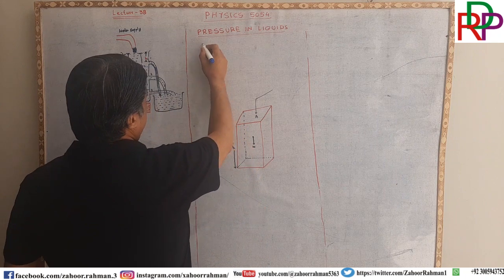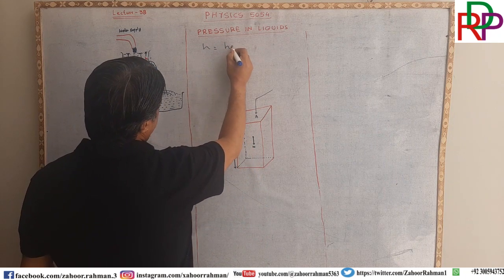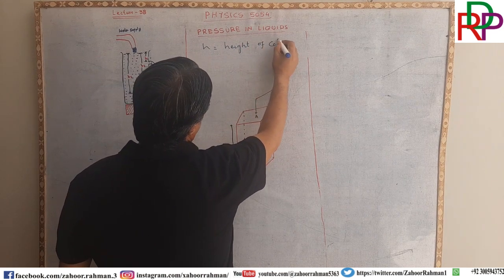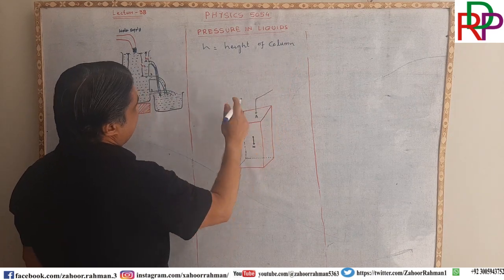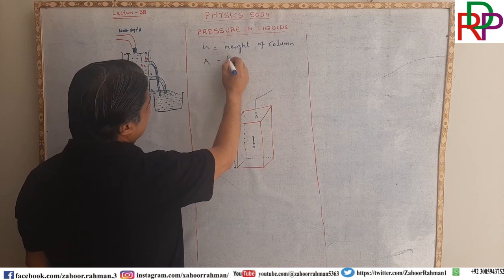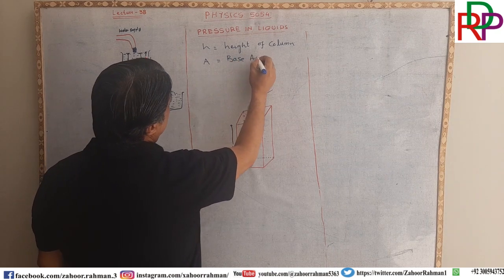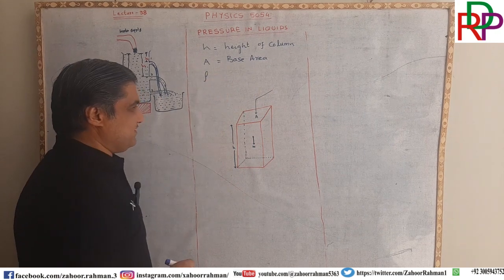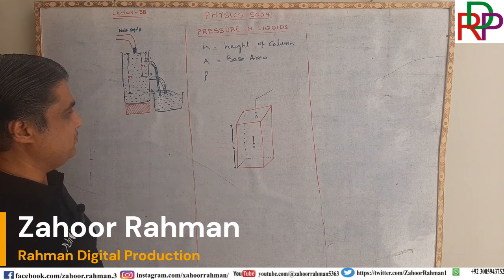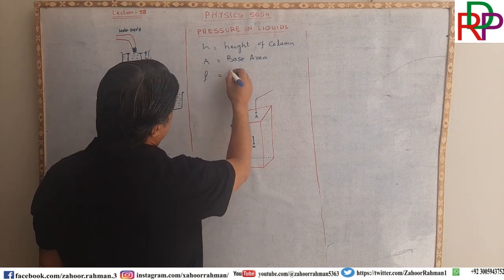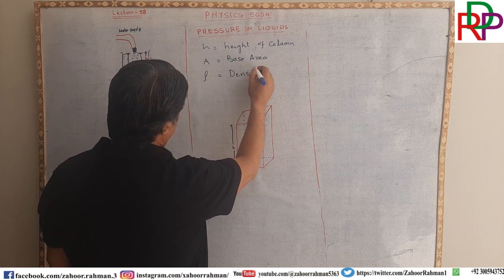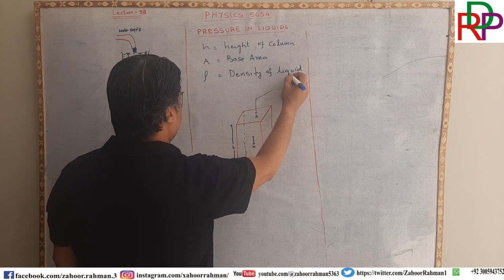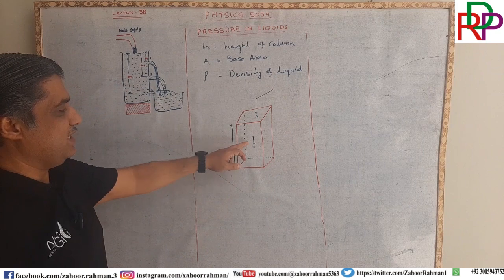Let me write h is equal to the height of the column, and A is the base area. There is another term we will use, and that is the density of the liquid. So these are the three terms we will use here.